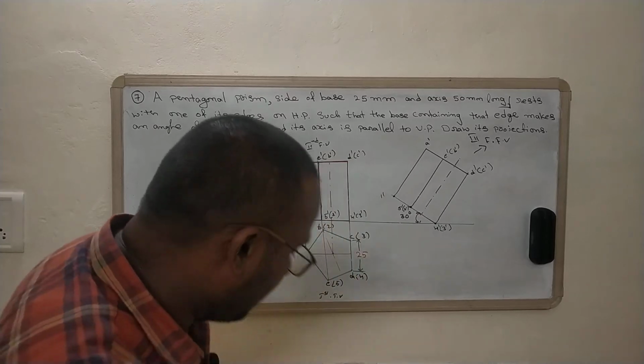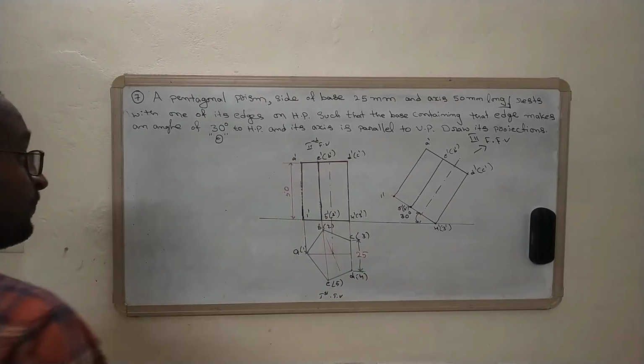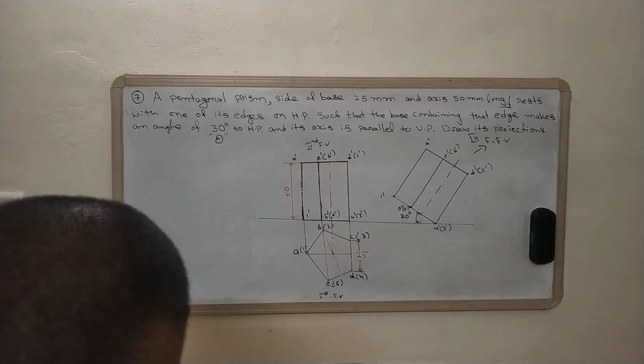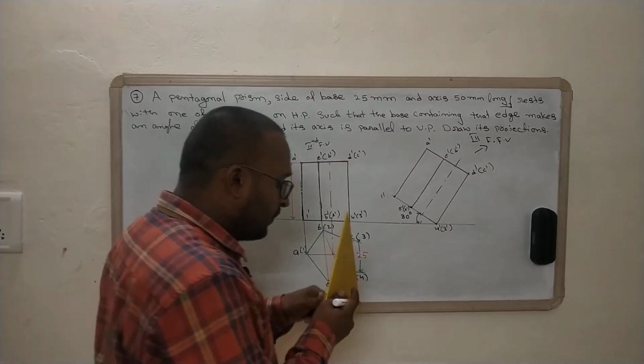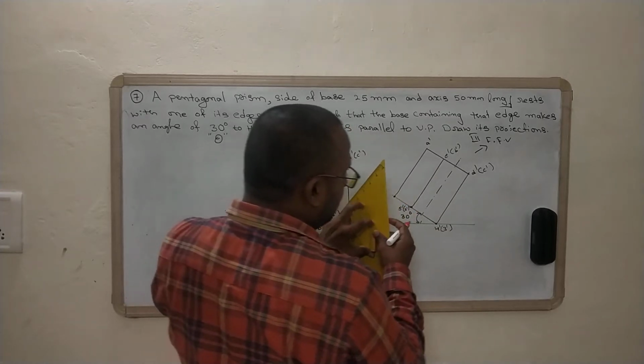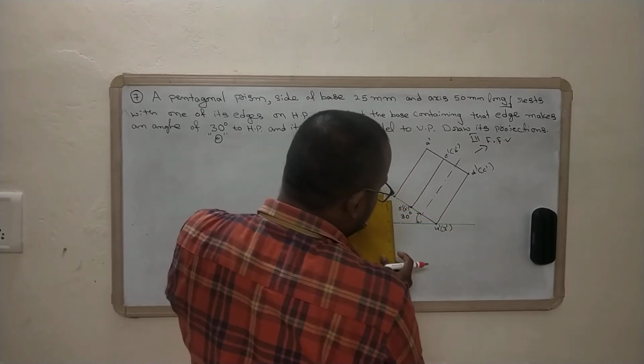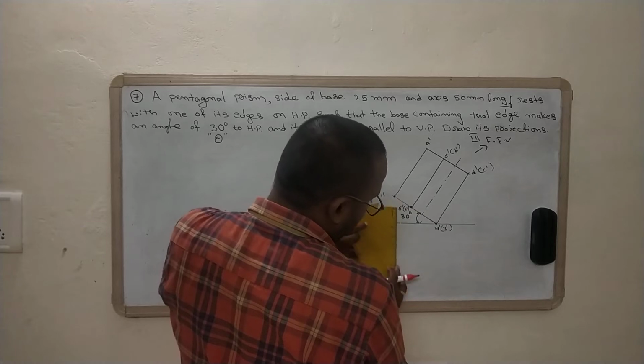Then we need to get the top view of the given problem. So we need to project all the points downwards until it touches the ground, that is perpendicular lines to the XY line.